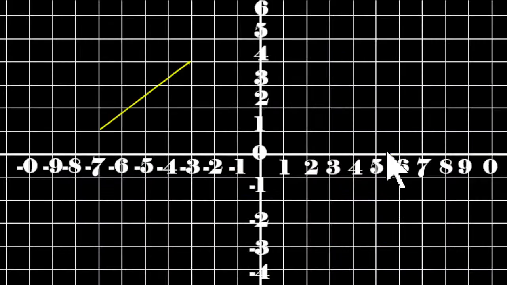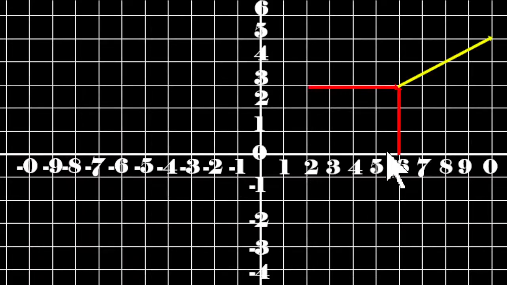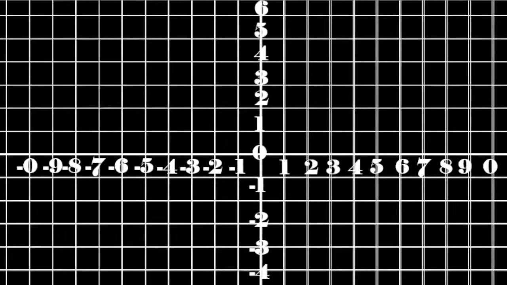Well, let's see. I think I covered everything. The next thing I want to do is, what's the next one I want to do? Vectors, calculus.